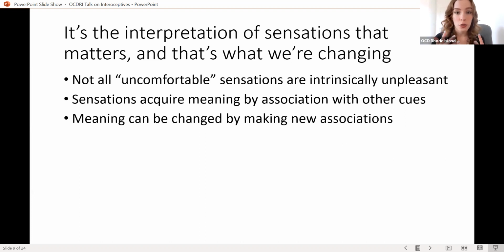You can change what sensations mean to you by creating new learning, by being with the sensations and realizing that they're safe and tolerable.